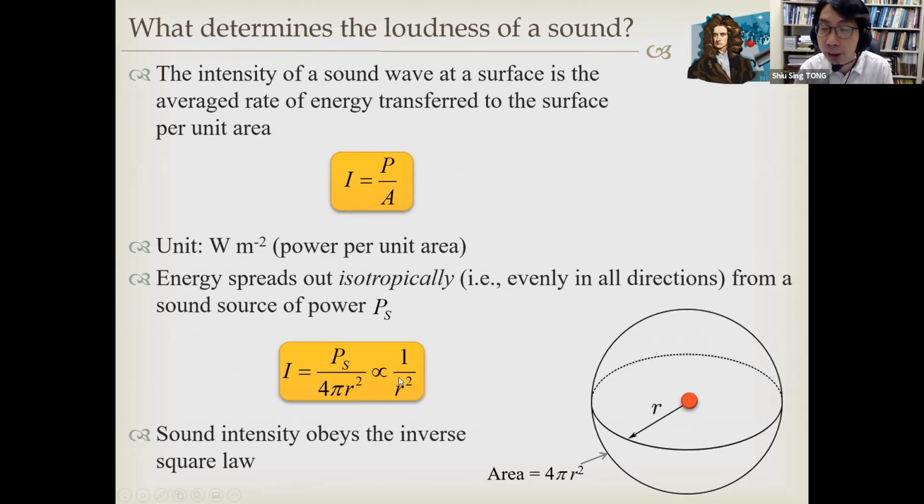So that is the inverse square law. If I double the distance from the source, the loudness of the sound will decrease by 4 times, because the loudness decreases with 1 over r squared.